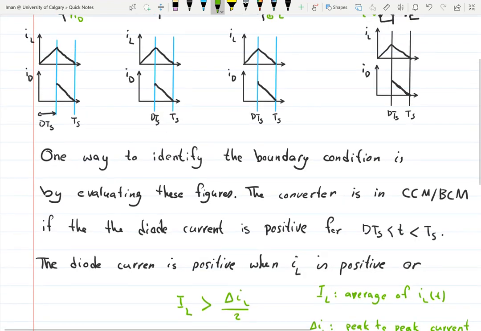As long as the average is greater than the peak-to-peak ripple divided by 2, we're operating in CCM because IL always remains positive.